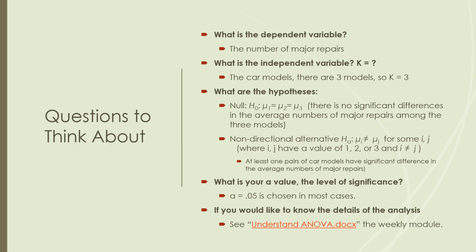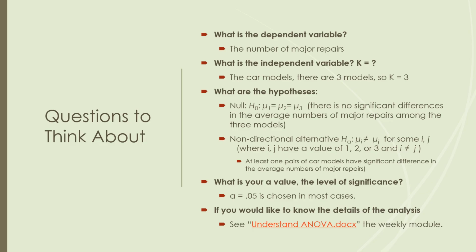The null hypothesis is mu1 equals mu2 equals mu3, meaning that the average number of repairs is equal across all three car models. The alternative hypothesis says that the mean of group I does not equal the mean of group J for some I and J, where I and J can have any values of 1, 2, or 3 as long as they're not the same.